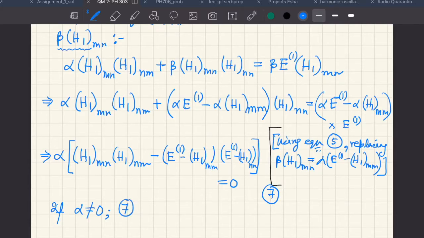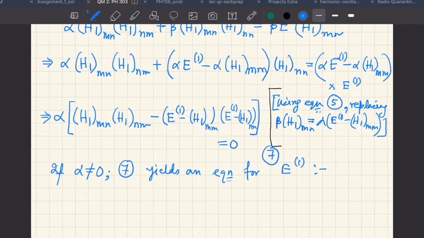Then equation number 7 yields an equation for the first order correction to energy E1, and it's a quadratic equation. That's what you would have guessed. We have done this already, and let us write down this quadratic equation.